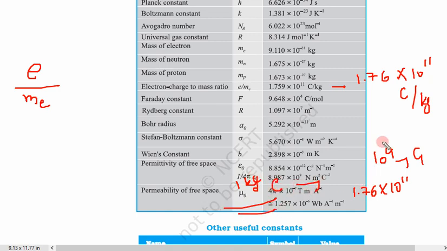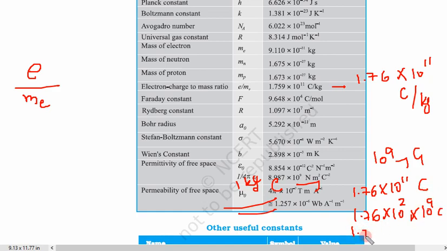How much charge on them? 1 kg of electrons will have charge 1.76 into 10 to power 11 coulomb. Now convert it into gigacoulomb: 1.76 into 10 to power 2 into 10 to power 9 coulomb. This 10 to power 9 is 1 gigacoulomb.